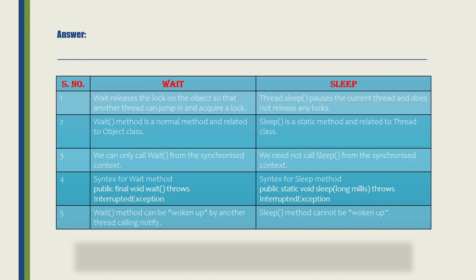The most important difference between wait and sleep is how they handle the lock. If we apply the wait method, it releases the lock on the object, whereas sleep just pauses the current thread. And wait is a normal method, whereas sleep is a static method. And I have also added the method syntax, so you can see it on your screen.